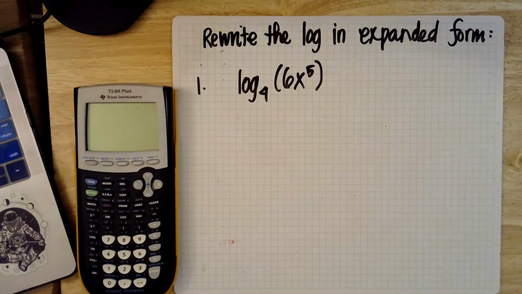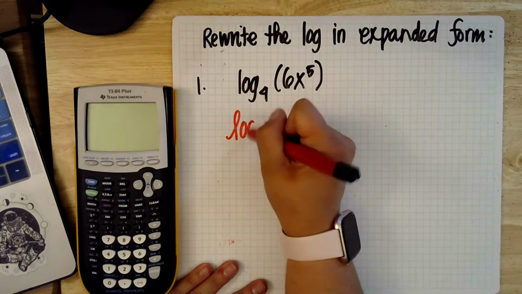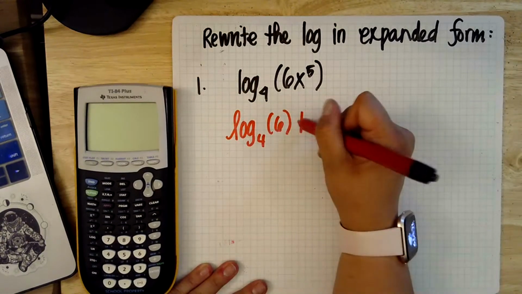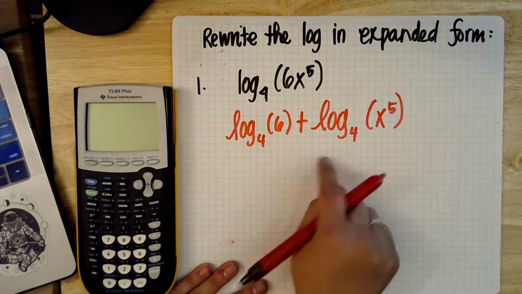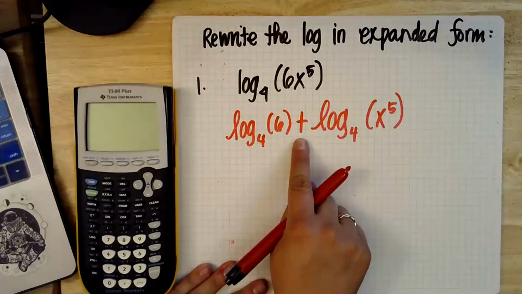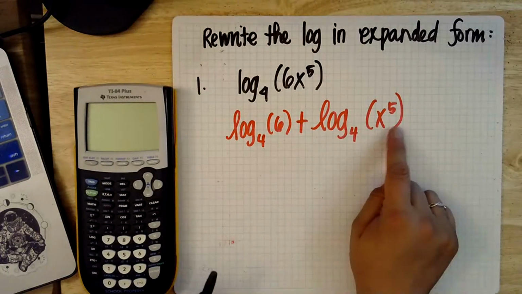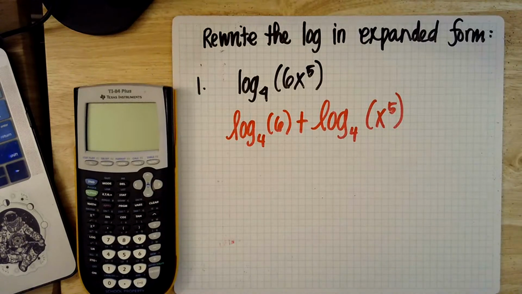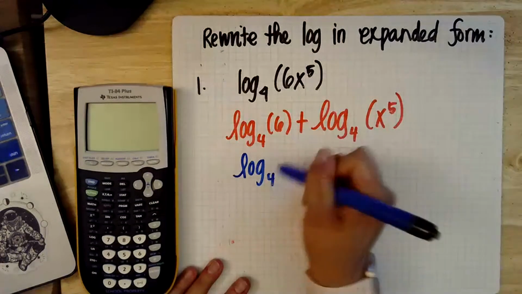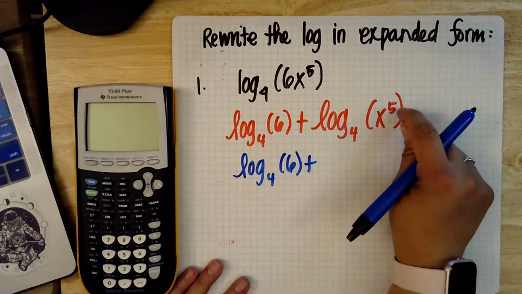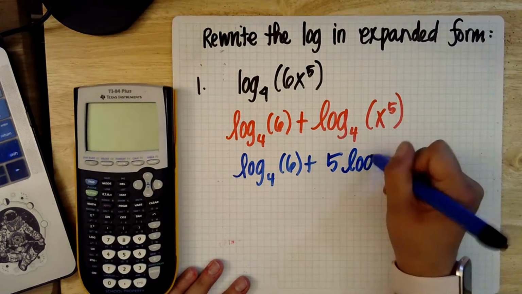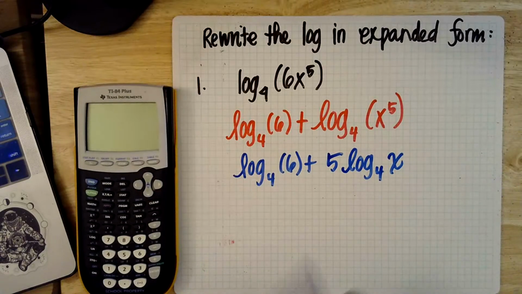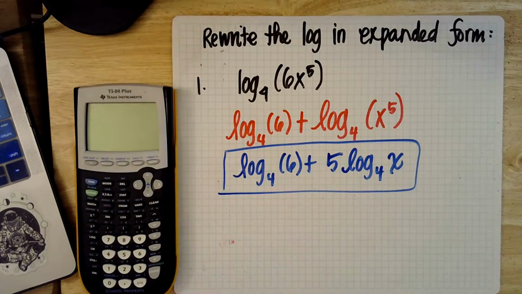So I'm going to expand this: this becomes log 4 of 6 plus log 4 of x to the 5th. Notice, there's a product, so that's why it expanded through addition. But I still have a power here, so I must finalize that one. So that's going to be log 4 of 6 plus, remember that higher power becomes a coefficient in front of it. So 5 log 4 of x. And this right here is my expanded log.